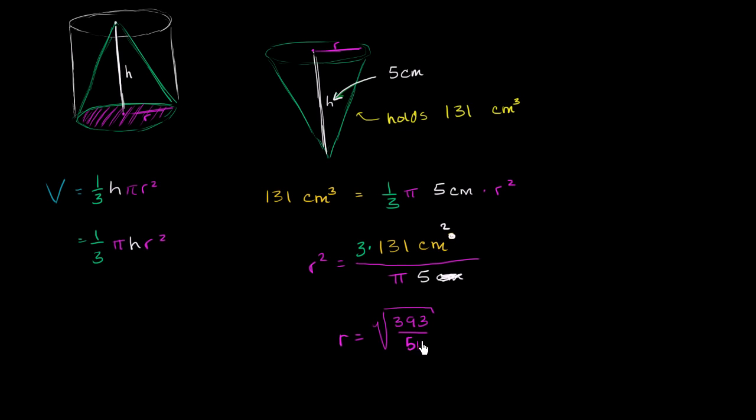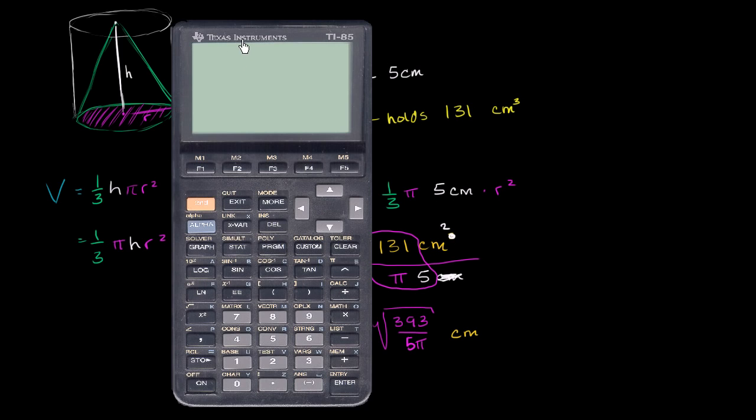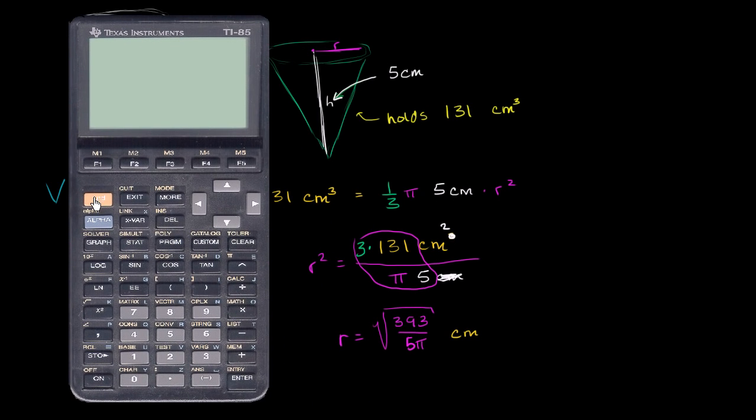The square root of centimeters squared is just going to be centimeters, which is nice because we want our units in centimeters, since we can treat units just like algebraic quantities.